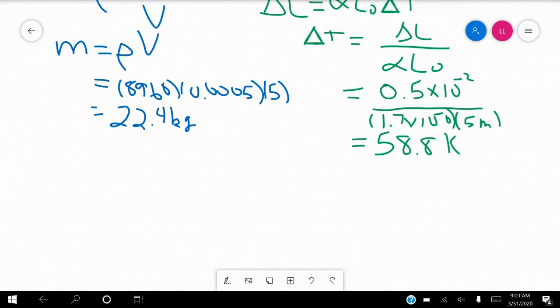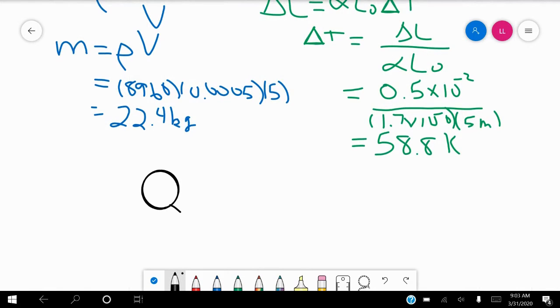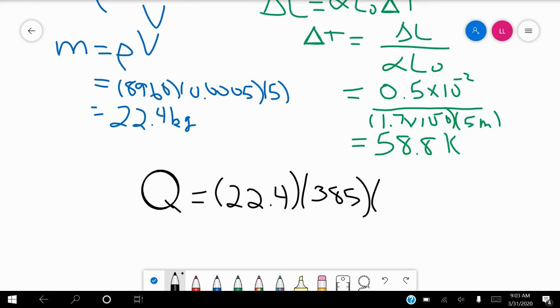And now we can take these two numbers, and these are the two numbers that we need for our heat formula. So we got Q equals mass, which we know is now 22.4, times C, which is 385, times our change in temperature, which is 58.8.